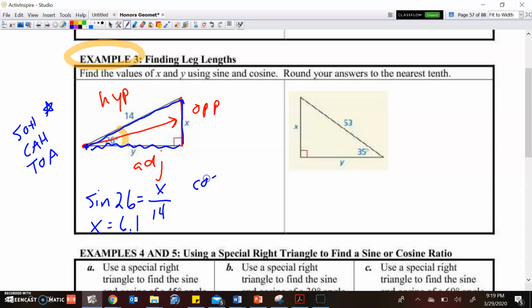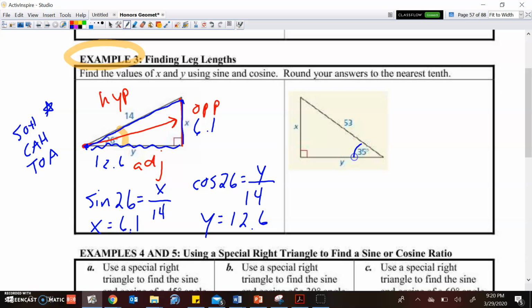So this is going to be cosine of 26 degrees equals y over 14. Multiply both sides by 14. 14 times the cosine of 26 degrees is going to give me, rounded to the nearest tenth, 12.6. And it makes sense. If this is 12.6, and that's 6.1, and that's 14, it looks logical. Okay? All right, we have one problem left.